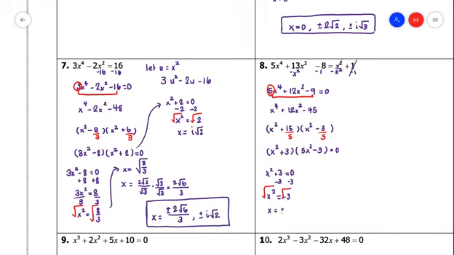X equals plus or minus i root 3. And then 5x squared minus 3 equals 0. And 3. 5x squared equals 3. Divide by 5. X squared equals 3 over 5.